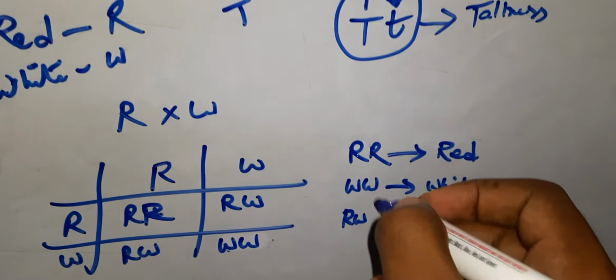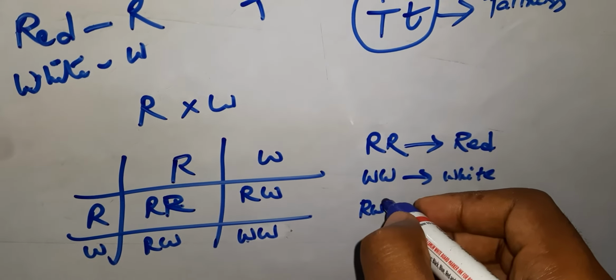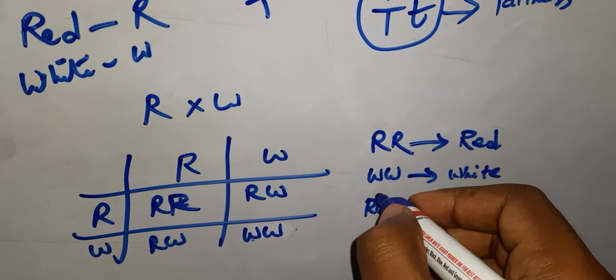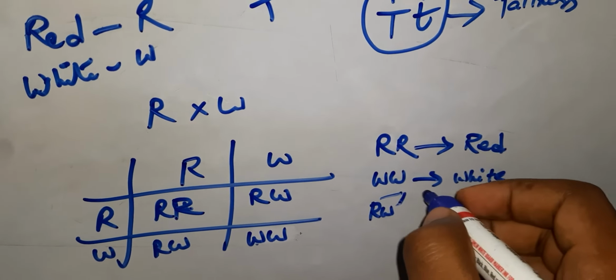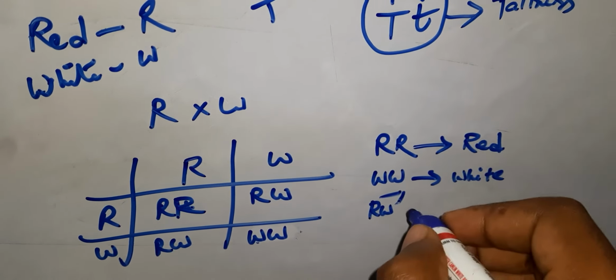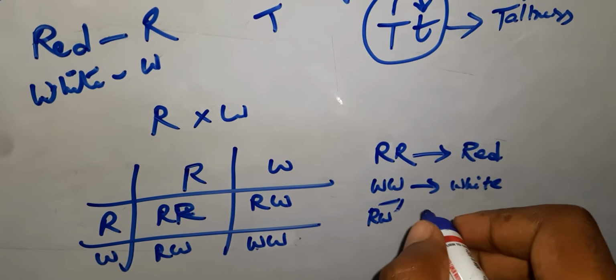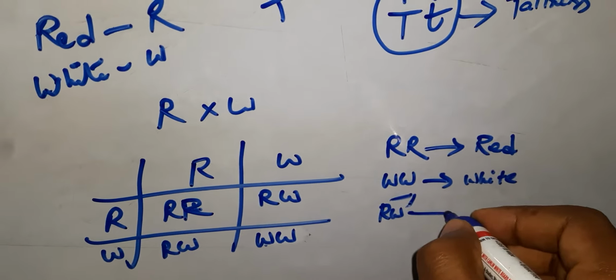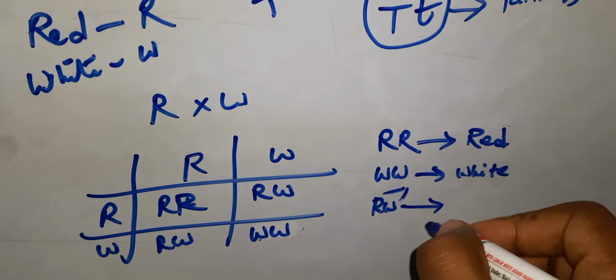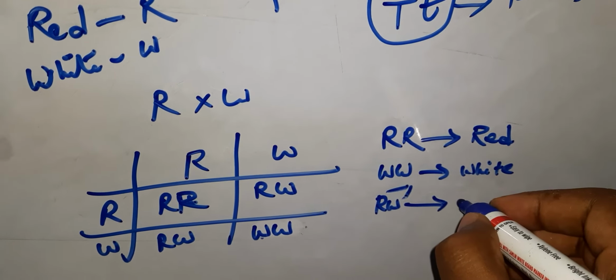But in case of incomplete dominance, what happens is that neither R nor W completely resembles phenotypically. So the product appears in between color.